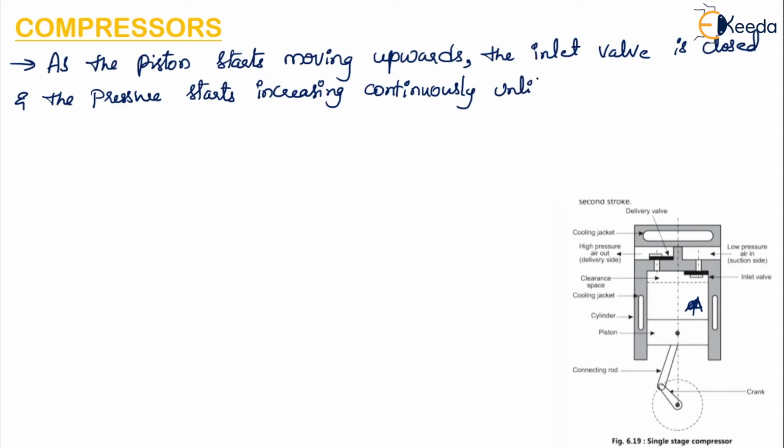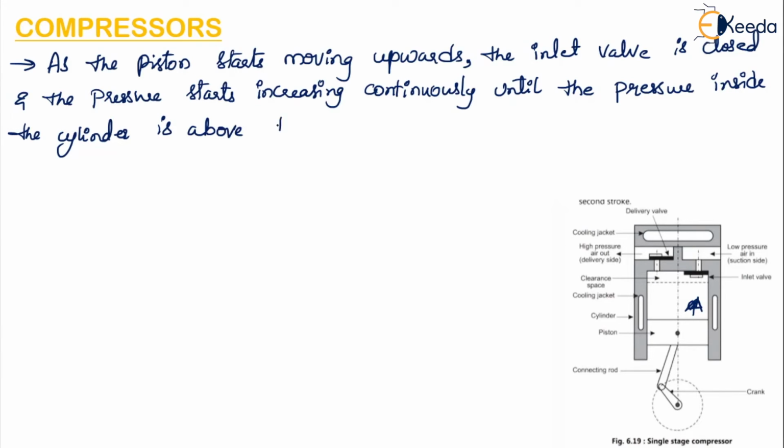The pressure of the air inside the cylinder will start increasing continuously until the pressure inside the cylinder is above the pressure of the delivery side.